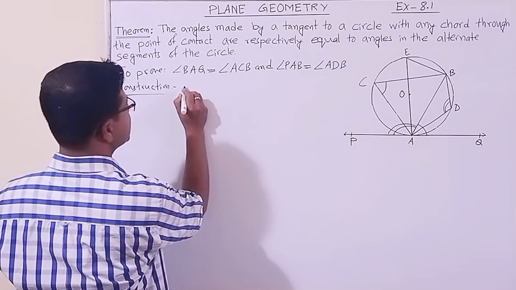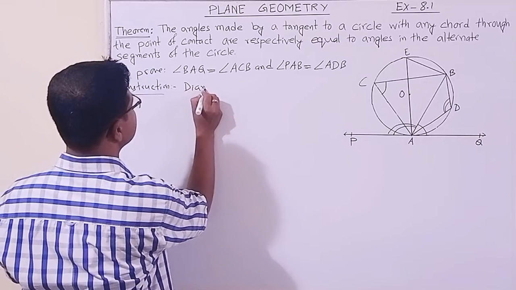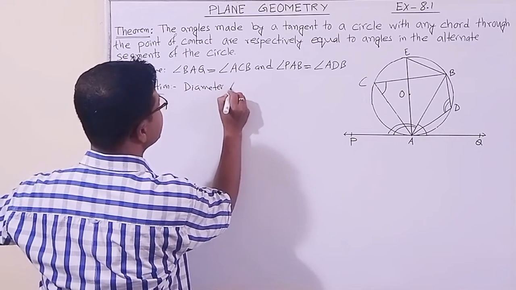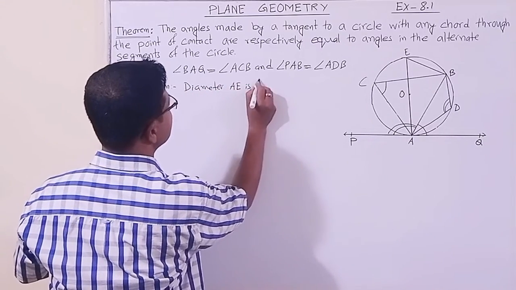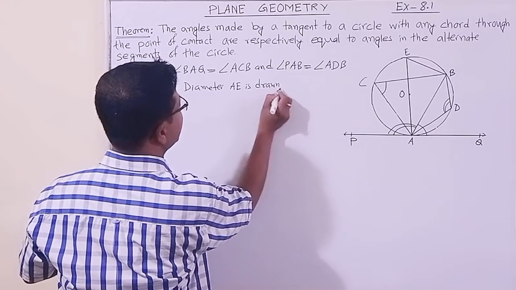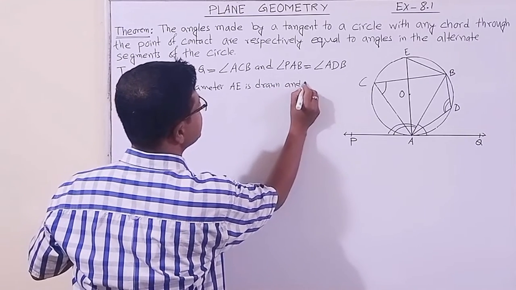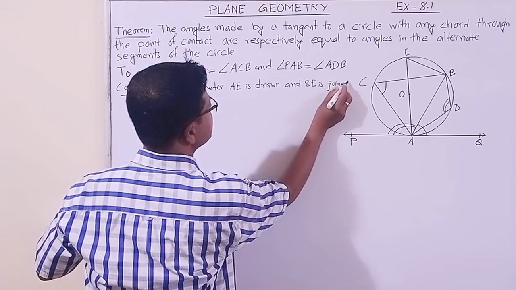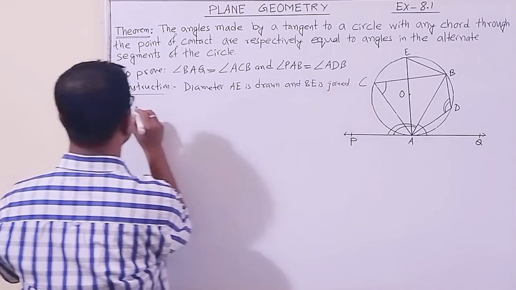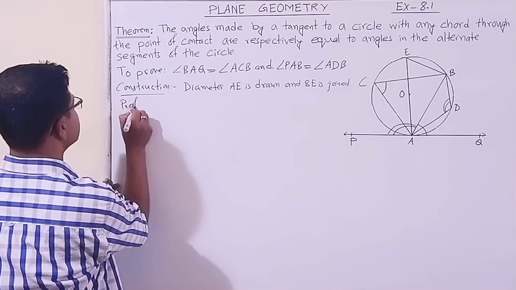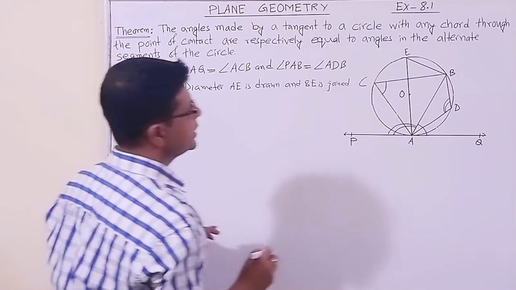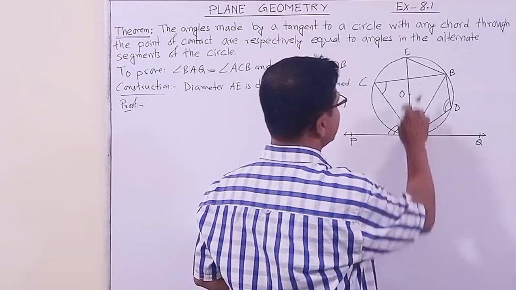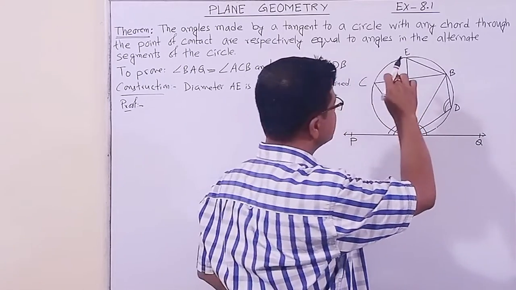Here diameter AE is drawn, and BE is joined. Now let us start the proof. Dear students, here AE is a diameter.